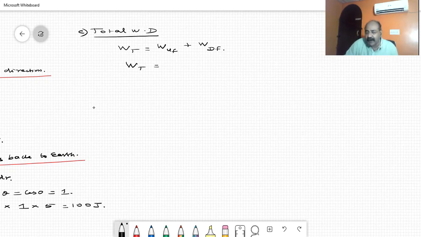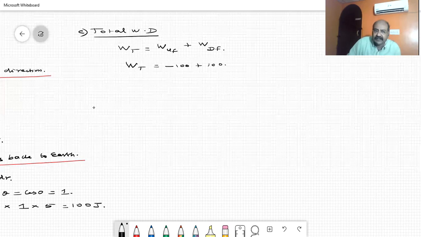So in the upward direction, it is considered to be minus 100, plus in the downward direction, it is considered to be 100. So the total work done is equal to 0, or I can say 0 joules. So finally, the net work done is equal to 0.